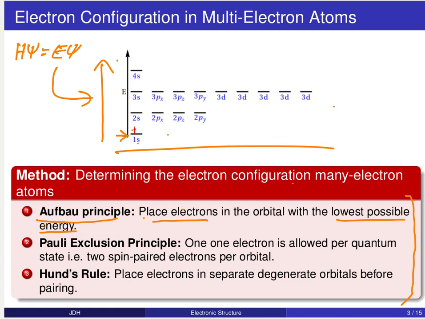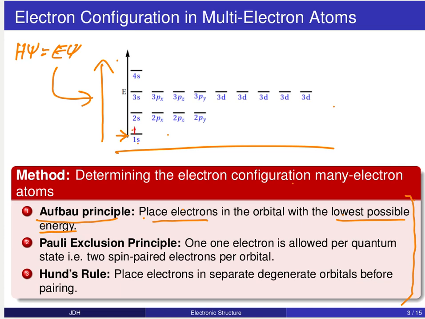All right? And then remember, also in that electron housing analogy, I talked about a housing rule that says that no more than 2 electrons are allowed in any given room or any given orbital. And if you have 2 electrons in a given orbital, then they must be spin paired.